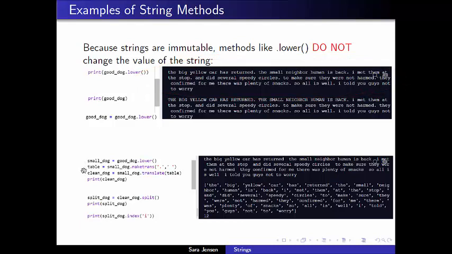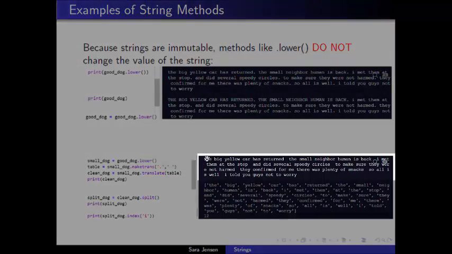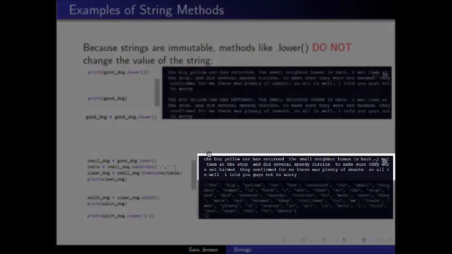In the next 2 lines, I have to employ a little bit of some more advanced syntax that you don't need to worry about right now, but what I can do is walk through my new small dog variable and exchange all periods for spaces. And I can save the result of that in another new variable that I'm now going to call clean dog. And if I ask Python to print the clean dog variable, it prints all lowercase letters and absolutely no punctuation.